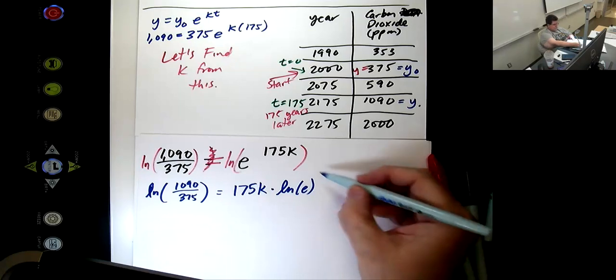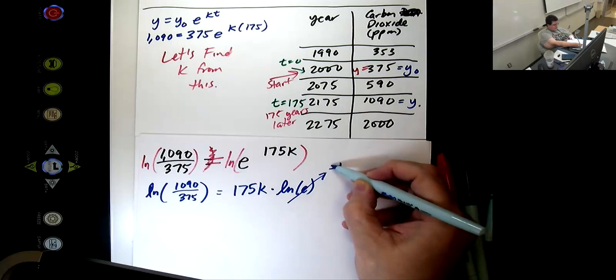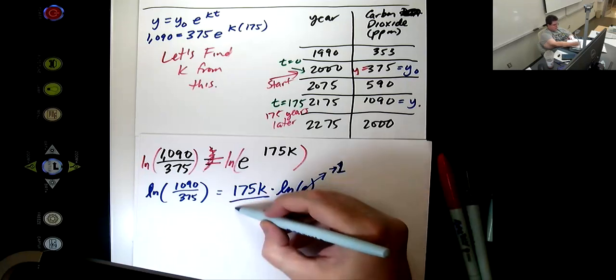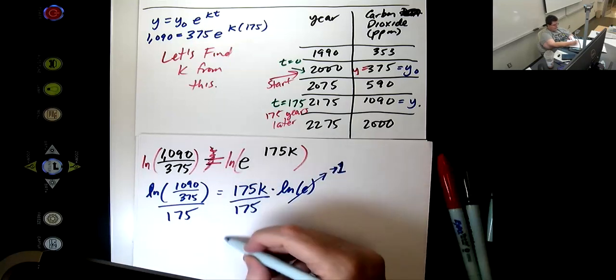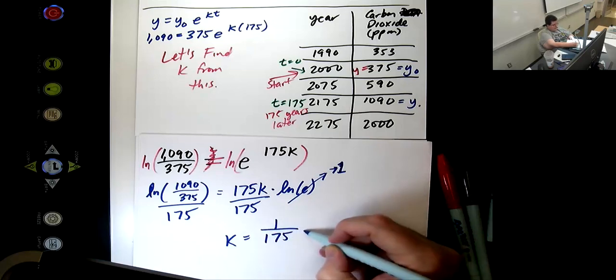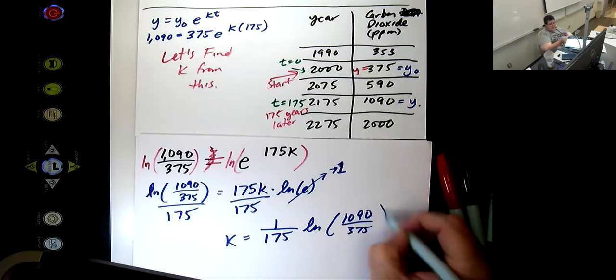And natural log of e is just 1. So I can divide both sides by the 175 and I'll get k. k equals, I'm going to put this out front, 1 over 175, natural log of 1090 over 375.